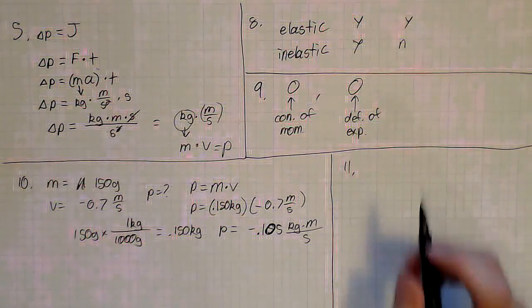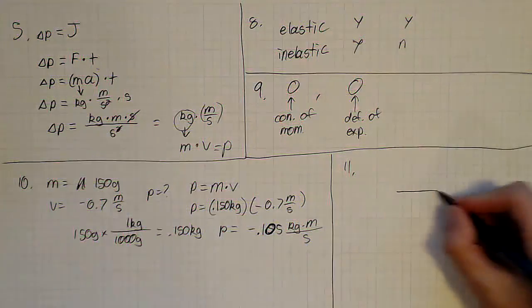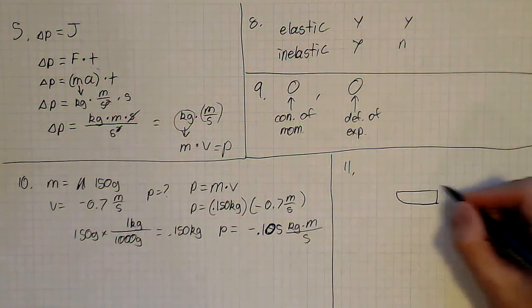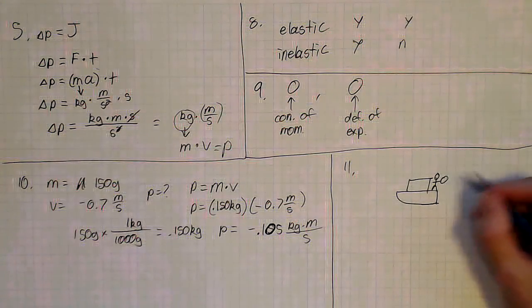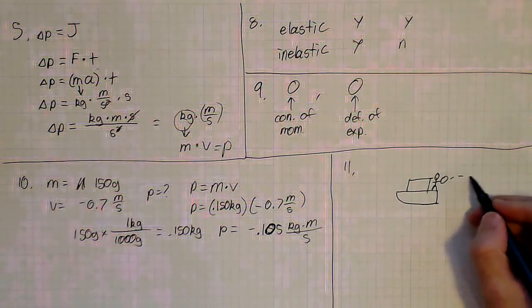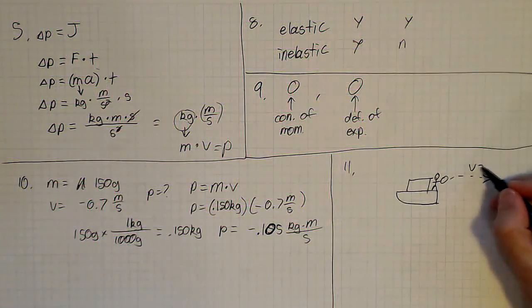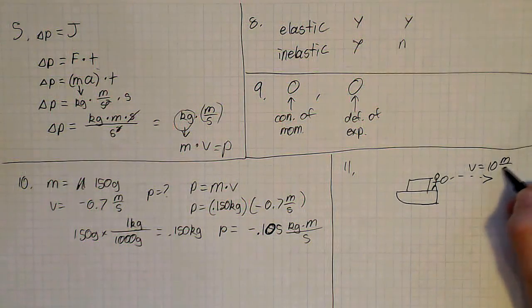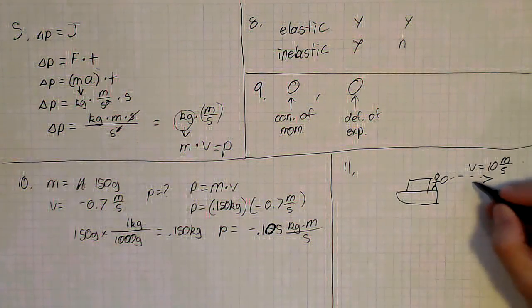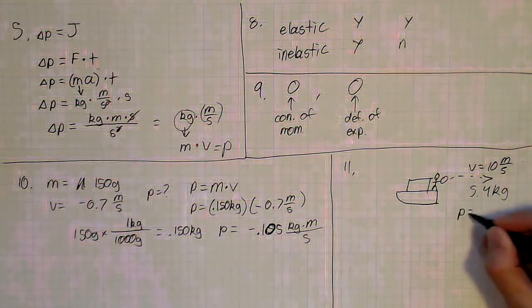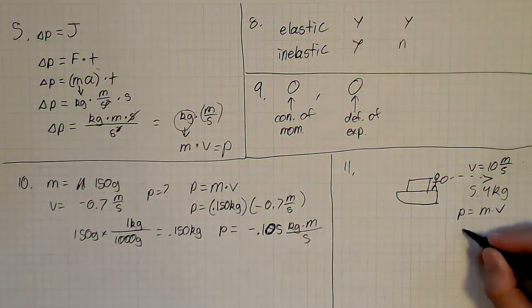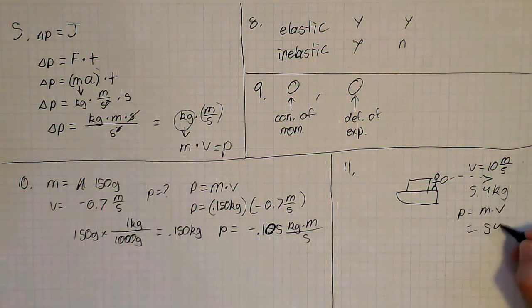So here's our boat, and here's our boy, and here's whatever he throws, and it has a velocity of 10 meters per second and a mass of 5.4 kilograms. So it has a momentum, which equals mv, of 54 kilograms times meters per second.